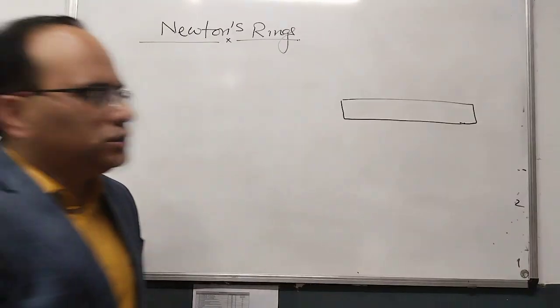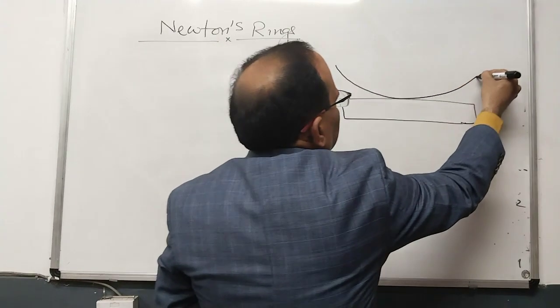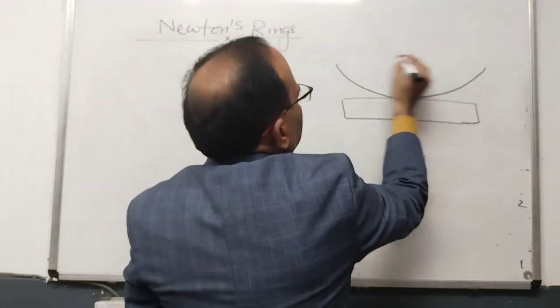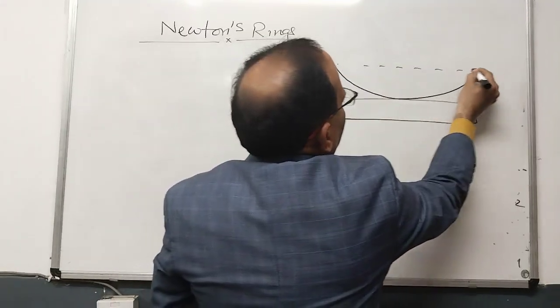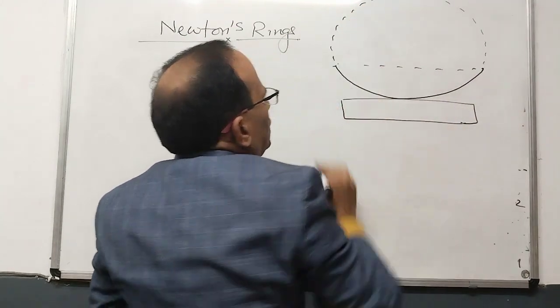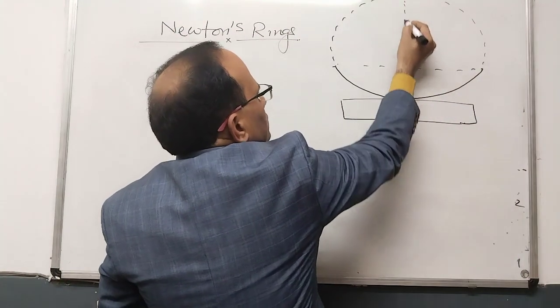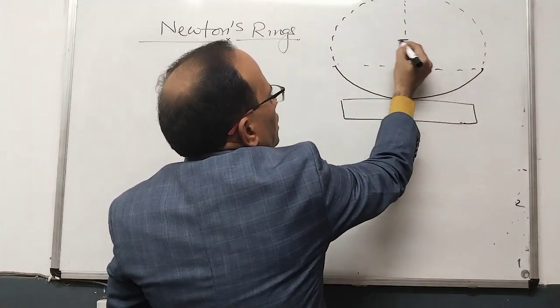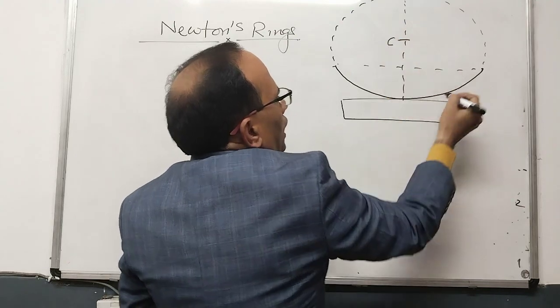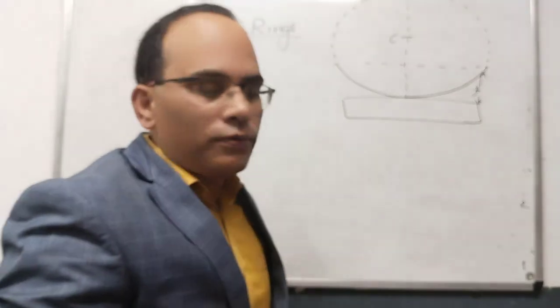On that glass plate a plano convex lens is placed. We can extend the whole circle, and this is the center of curvature. And this small t is the thickness of the air film.